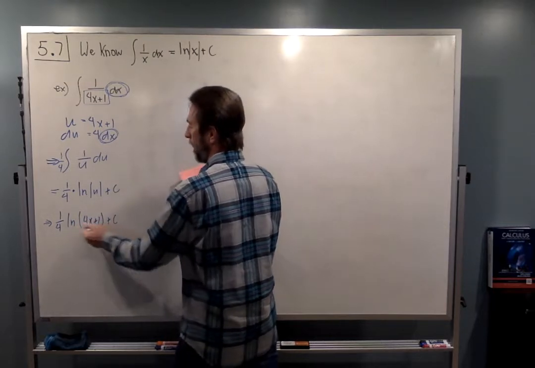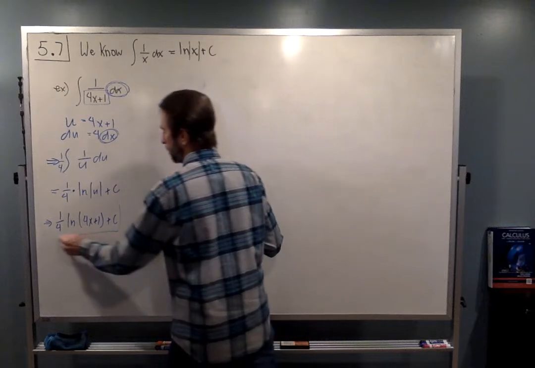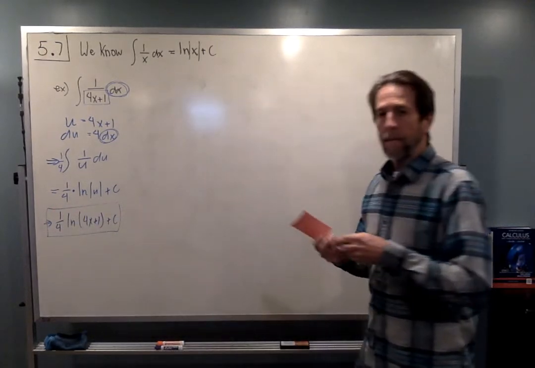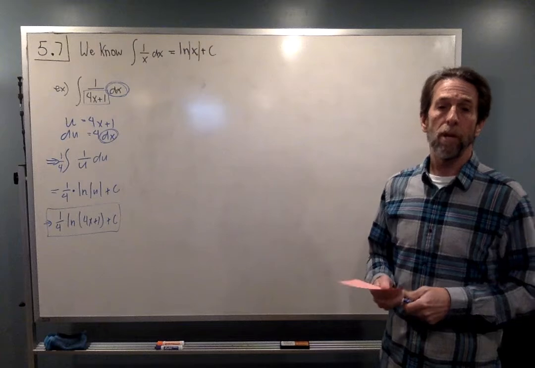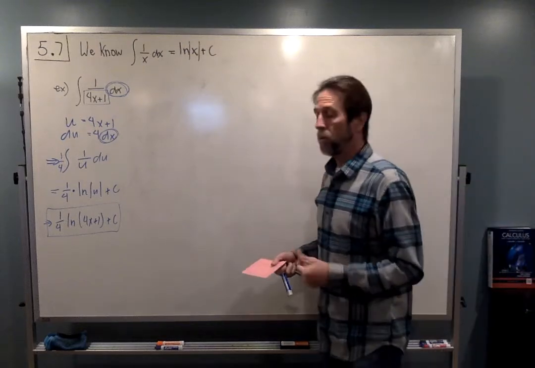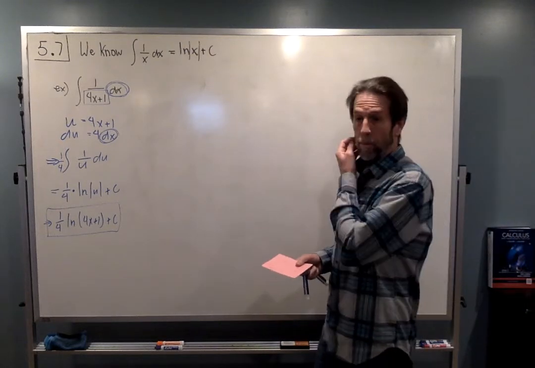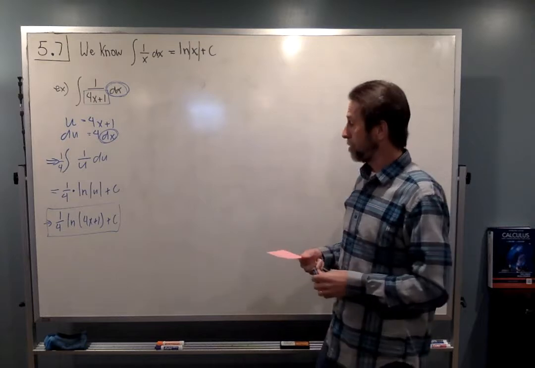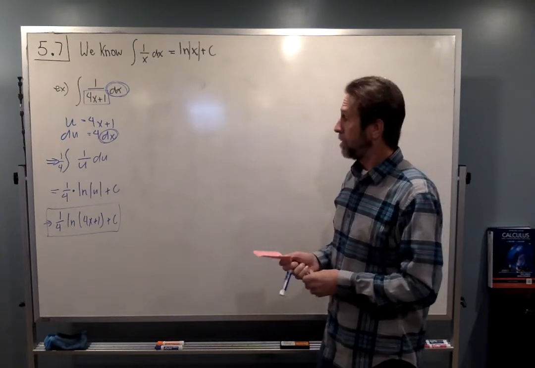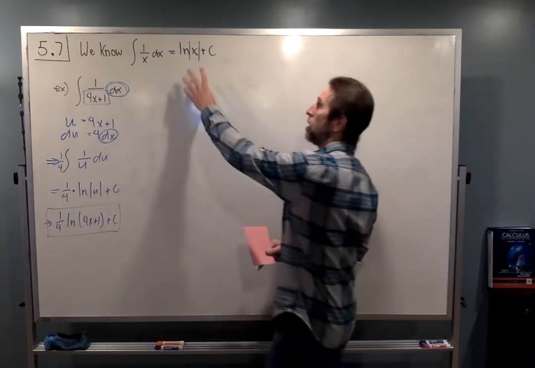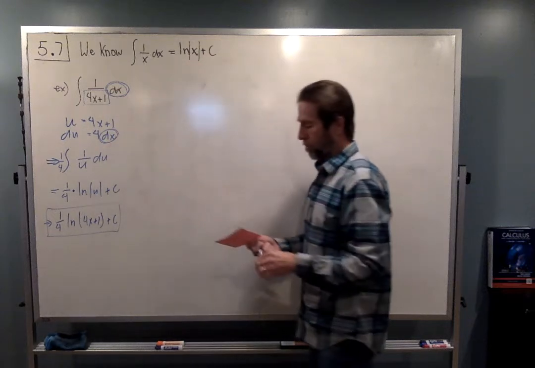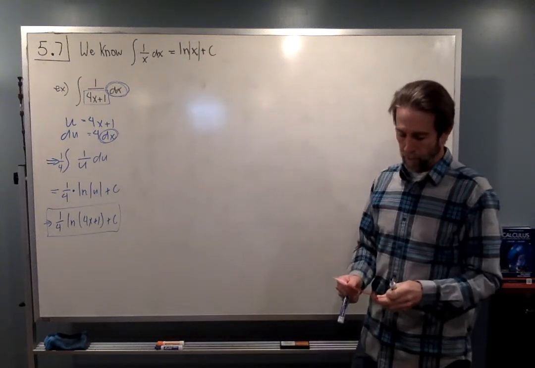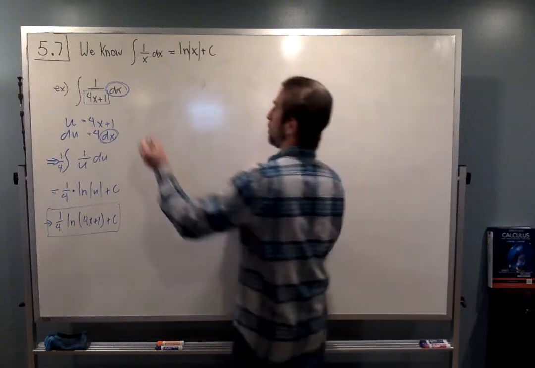These should be absolute value symbols, but I would accept this. Now, if we wanted to check it, as always, we can differentiate. Sometimes it's very convenient to do. Other times it's almost as tough as the integral itself, so sometimes you have to trust yourself. But that's how we can make use of something we really already knew in a slightly different situation along with u substitution. Let's continue to look at some examples.